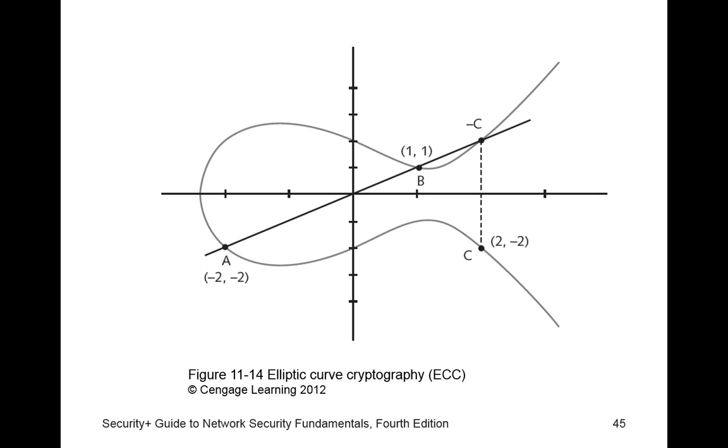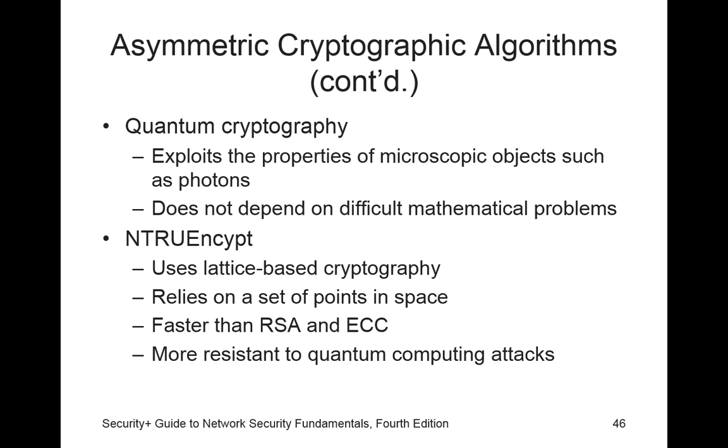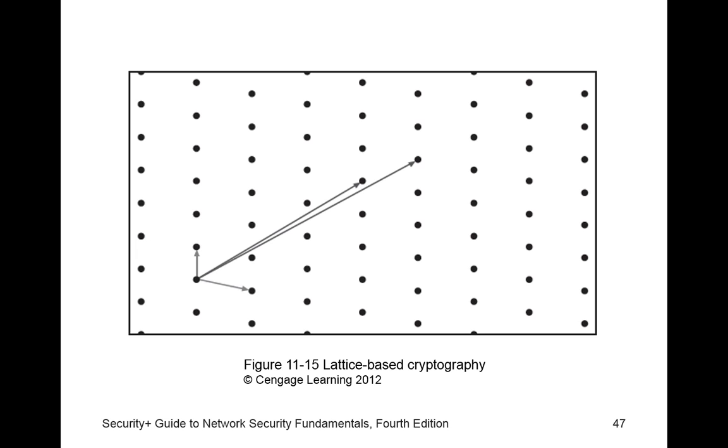Make a design and find from point to point, and there you go. Quantum cryptography goes all the way down to the photon level, the microscopic areas. And then NTRUEncrypt, basically, is the fastest encryption we have. It's lattice based. There's an example of lattice based.